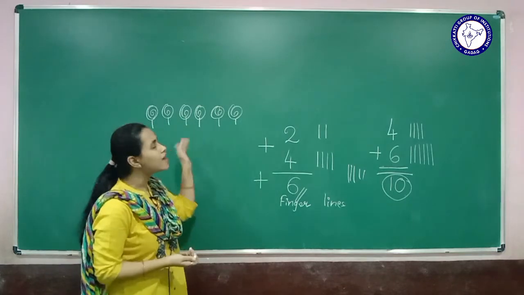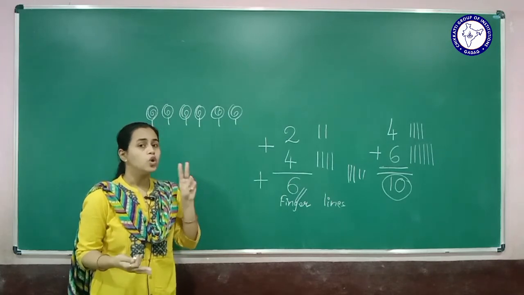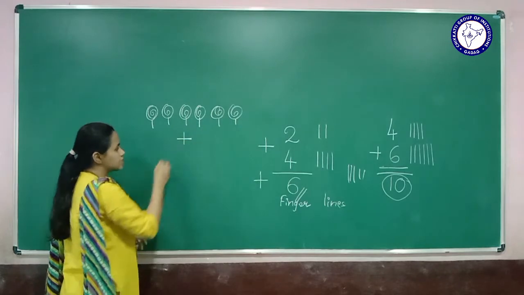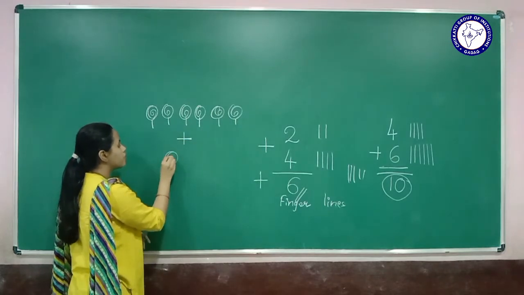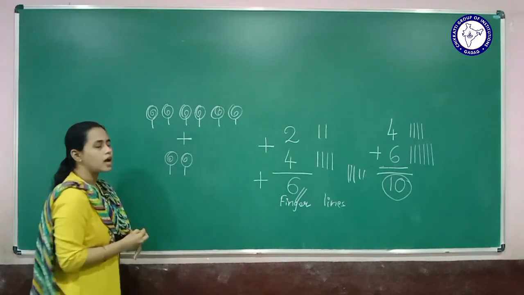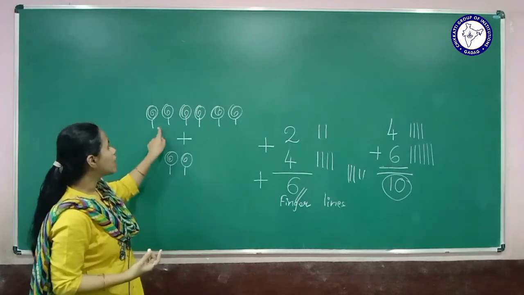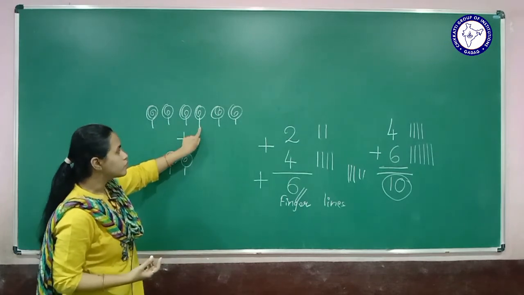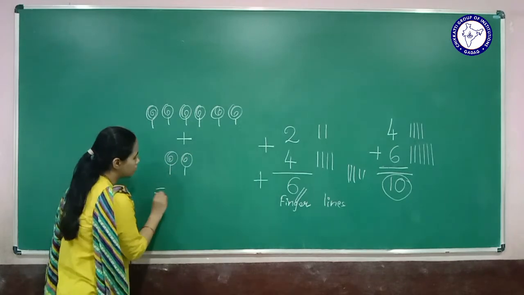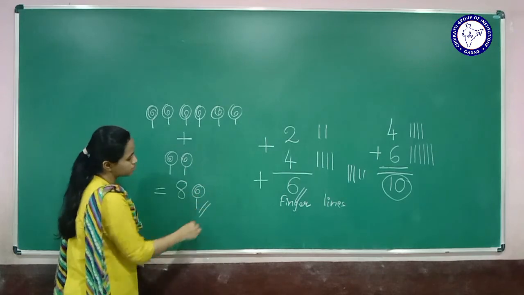I already have 6 with me and he gave me 2 lollipops on his birthday. So I'm adding this. How many did he give? 1, 2. He gave me 2 lollipops. How many lollipops do I have now? Shall we count? 1, 2, 3, 4, 5, 6, 7, 8. So I have 8 lollipops.